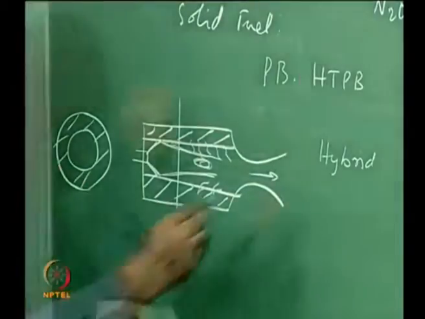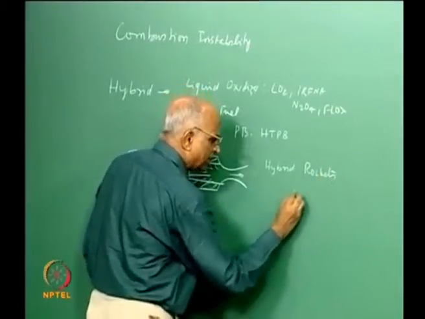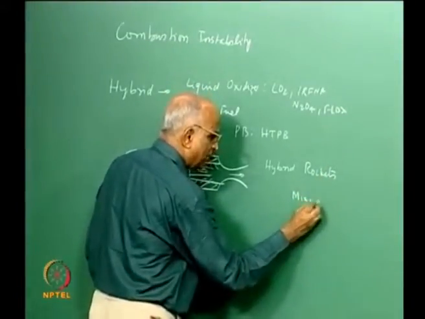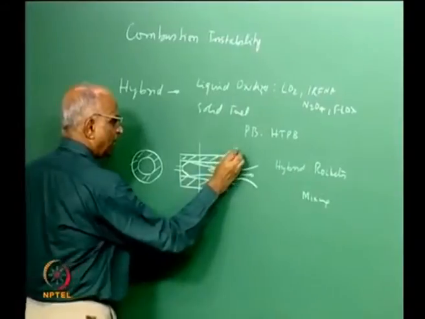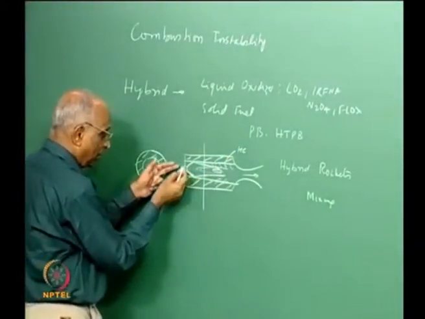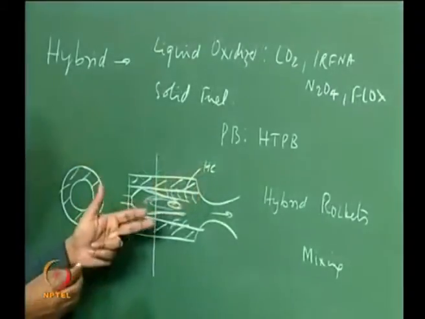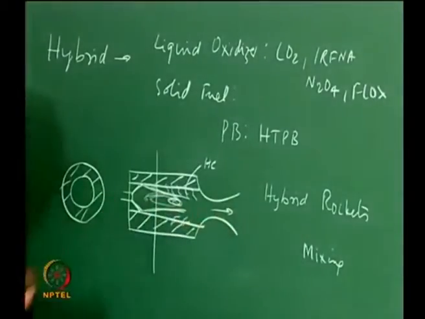Therefore, the controlling thing in these hybrid rockets is essentially mixing. At the surface the hydrocarbon vapors mix with the free stream of oxygen vapor, because when I inject it, this also vaporizes due to the heat, and therefore mixing is sort of problematic.